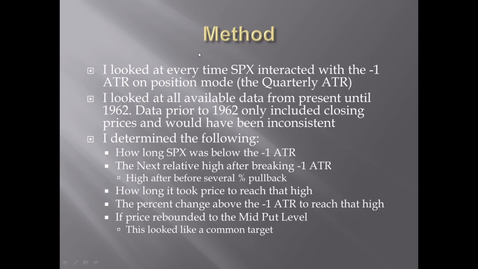So this is the method I used, right? I went back through these charts, and I looked at every time the SPX interacted with this -1 ATR on the position mode. Again, that's the quarterly ATR. I looked at all the available data from now back through 1962. Anything prior to 1962 only had the closing prices, so the data would have been inconsistent, so that's as far back as I went.